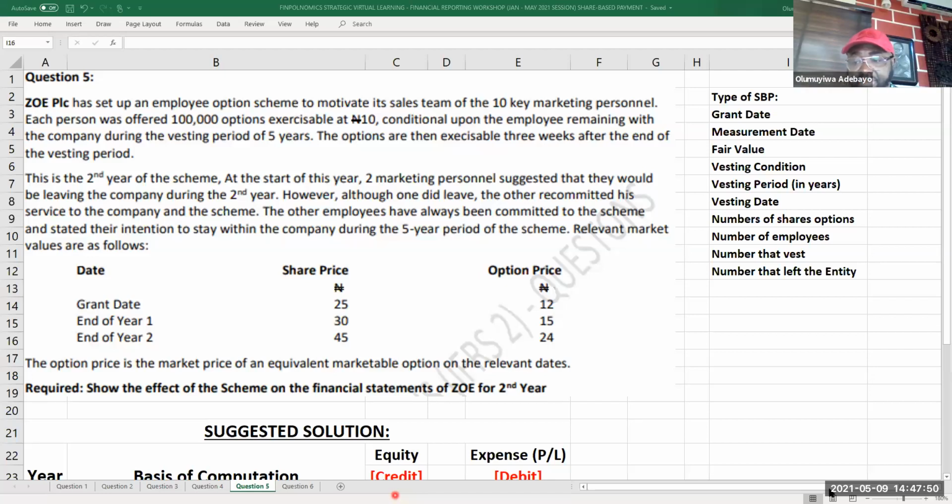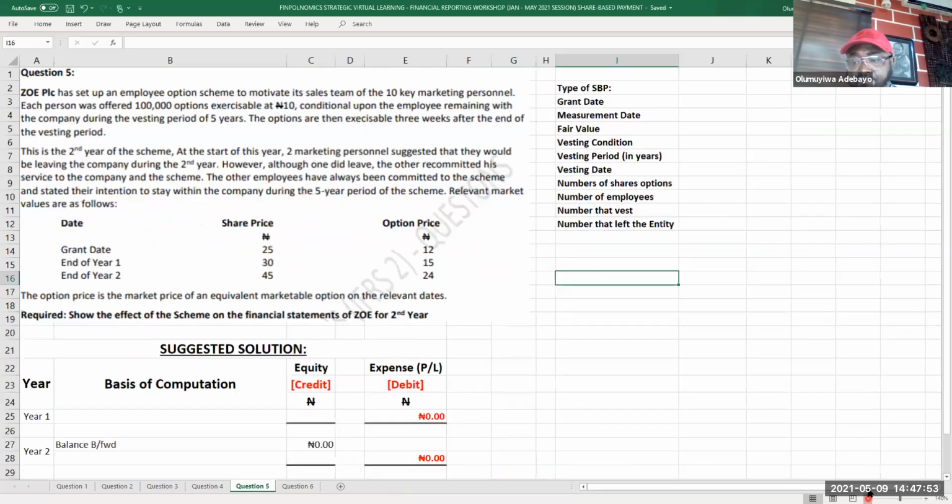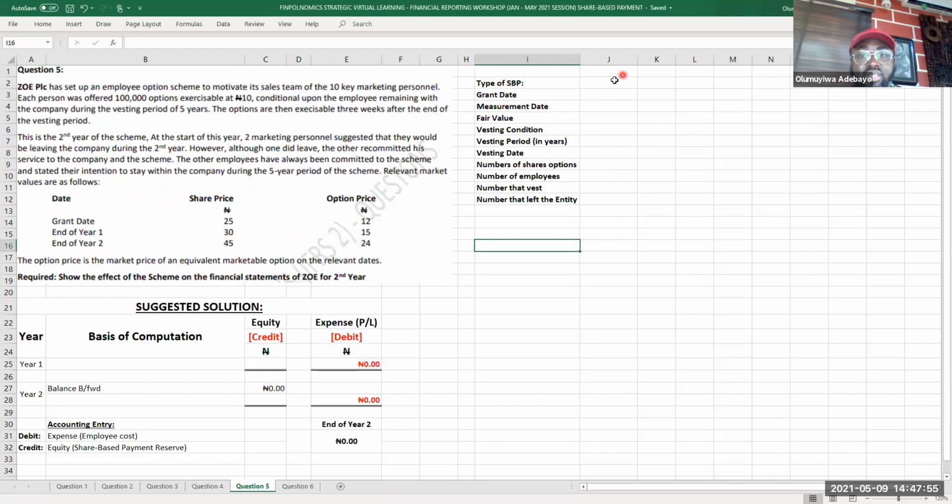Now, to solve the problem, because what is to be delivered is a share option, we conclude that this is equity settled. The grant date was the date this was given. We don't know the date, but we'll say beginning of year 1.